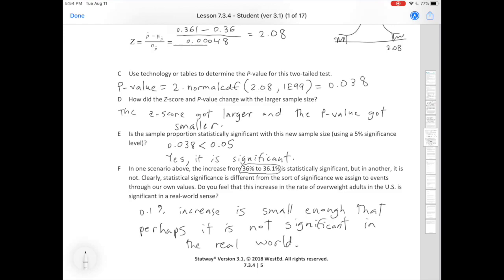Yes, this is statistically significant, but all that means is that the change is real. It really did happen. However, real world significance, the thing is this is a very tiny change, and so the only reason the statistics even captured it is because the sample size was 1 million, which is huge. So this is a judgment call, though. If you think it is significant in the real world, then you can put that answer here too. This is really not up to me to decide for you. Okay?